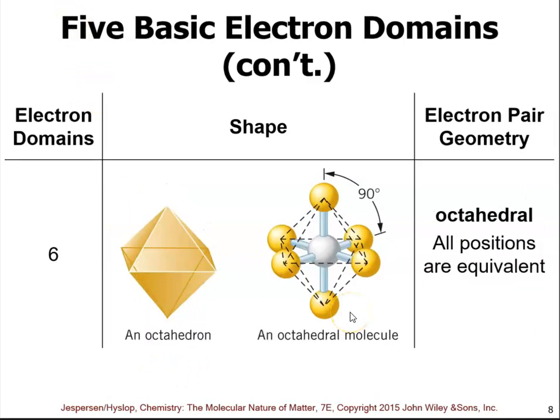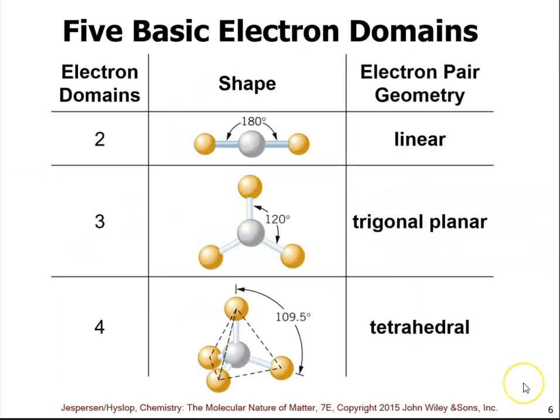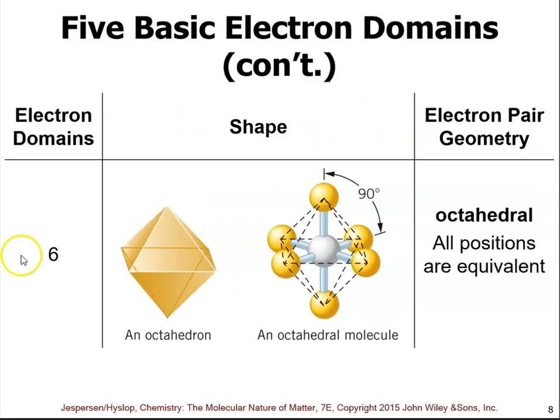Our last domain is where we have 6 electron domains. This is the 5th different type of shape. If we go back to the first slide, you notice we start with 2 electron domains. If you just have 1 electron domain, it's also going to be just linear, so we don't count that one. But here we have 6 electron domains. We have 2 pyramids stacked, but this time they're 4-sided pyramids instead of 3-sided pyramids.